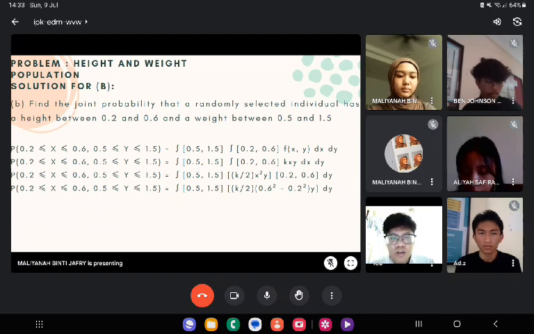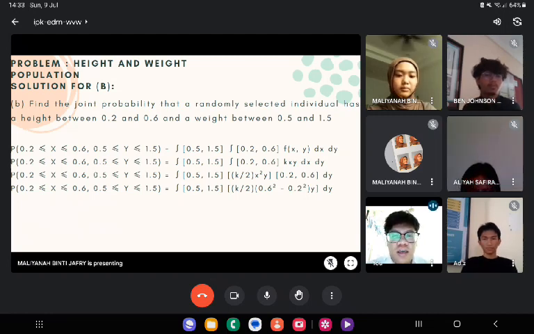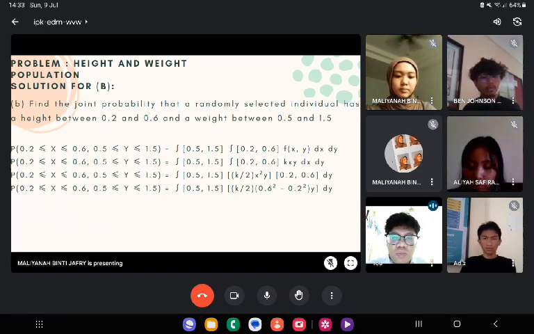Secondly, we input the given equation from the question, which is kxy, for the second line. For the next step, we integrate it with the limits of x and substitute 0.6 and 0.2.